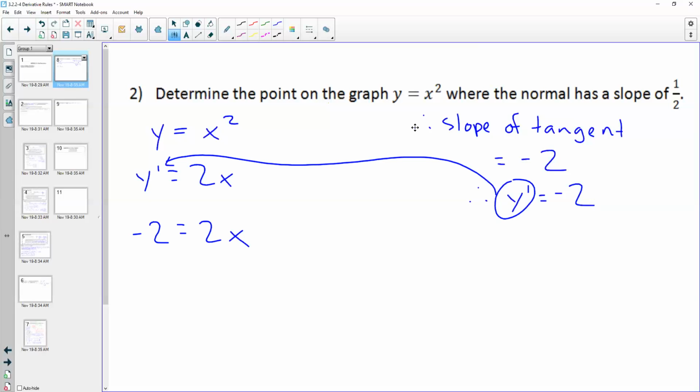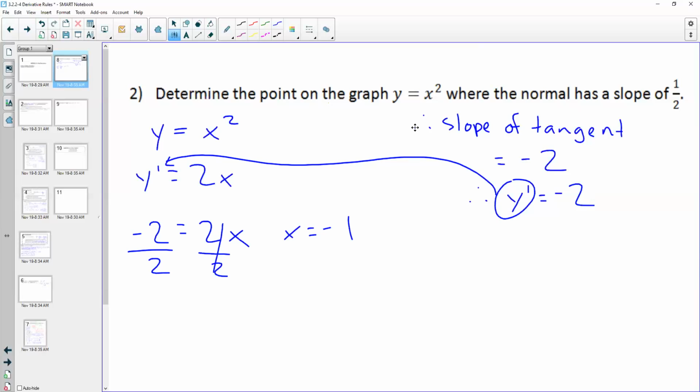Now we can isolate for x, so divide by 2 on both sides. -2 divided by 2 is equal to -1. So x is equal to -1. So what did we just do there? So first off, we found the slope of the tangent using the slope of the normal line and just our knowledge of the relationship between the normal line and the slope of the tangent.